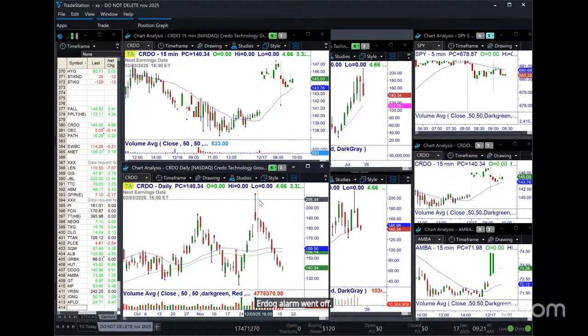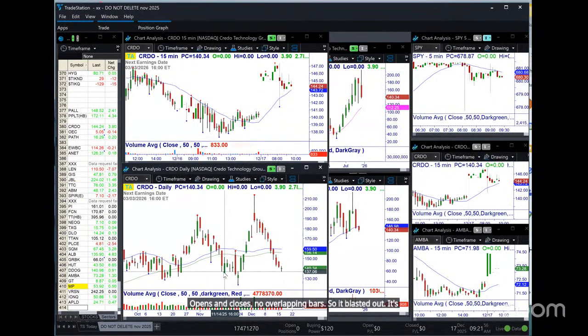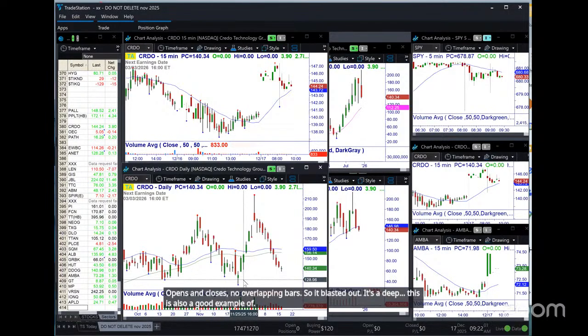All right, look, this is the definition of fluid. It's retracing calmly, relatively equal opens and closes, no overlapping bars. So it blasted up. This is also a good example of retracement analysis.